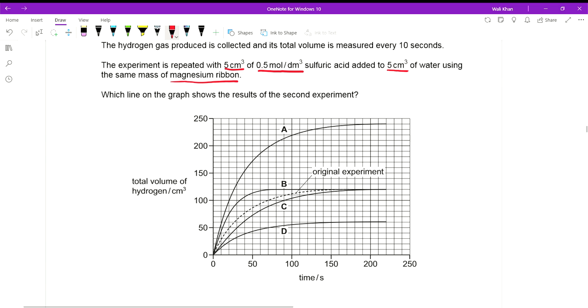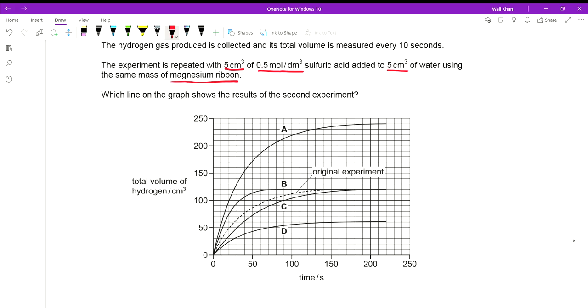If you look at the graph, total volume of the hydrogen in cm³ goes up to 250, and the graph shows the highest line at 240.